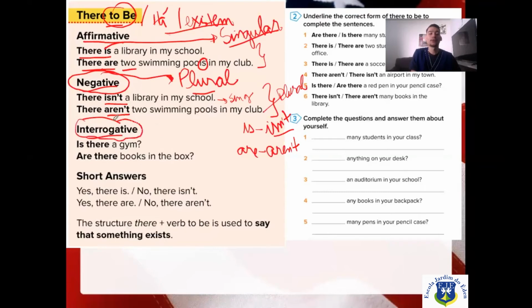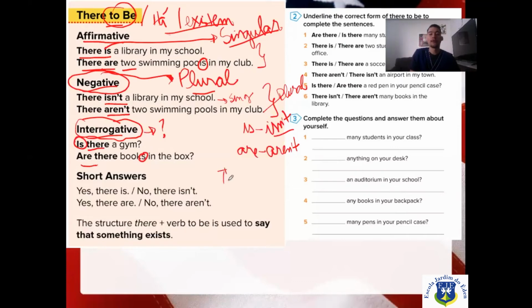Interrogative form. So now we have here the questions. So, is there a gym? Are there books, plural form, in the box. Pay attention, guys. So if we are doing interrogative form, if we are doing questions, we have to put the verb to be in the beginning of the sentence.